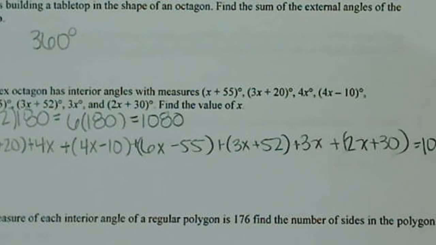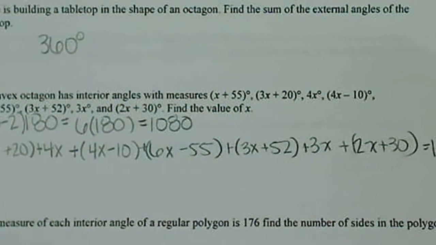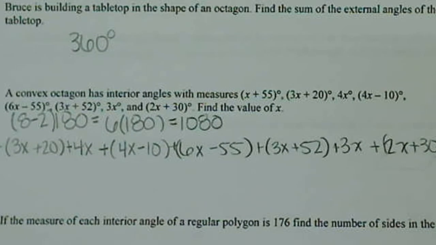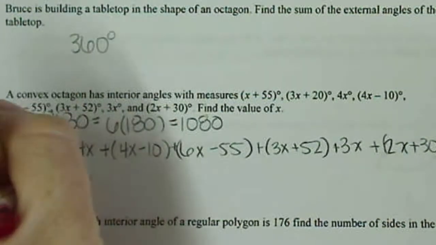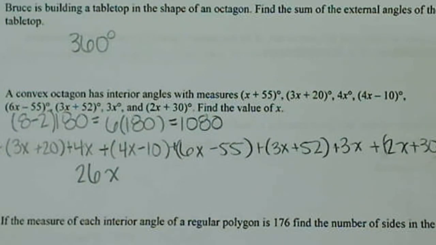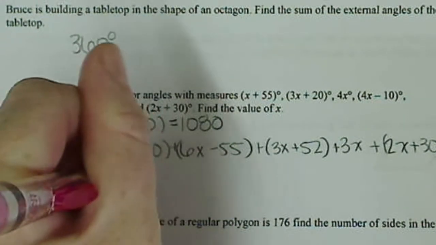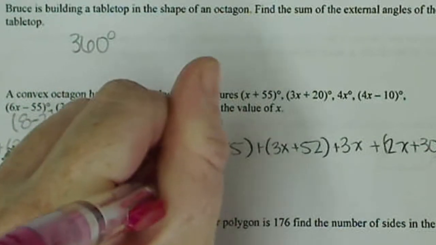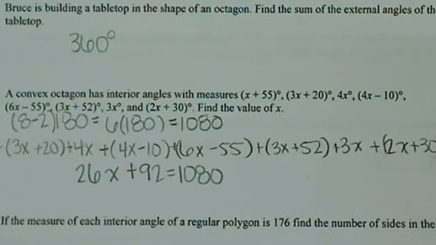So let's combine the left side, all of these x's. If you add them all together, we should have 26x. Add all of your constants, all your numbers together, you should get positive 92. Solve for x.